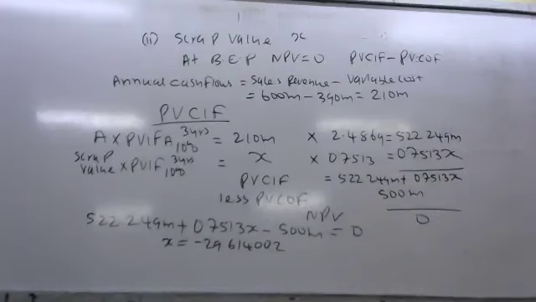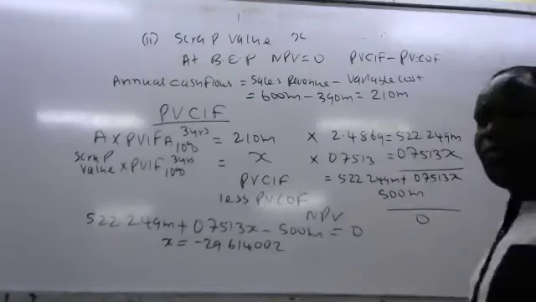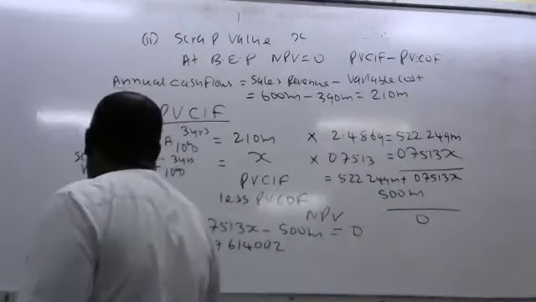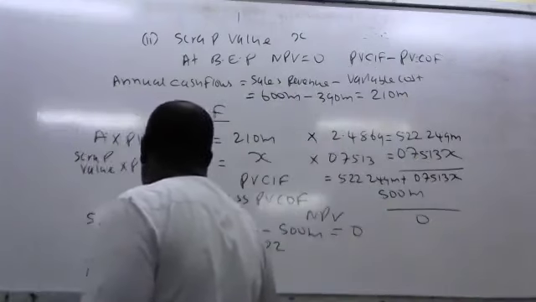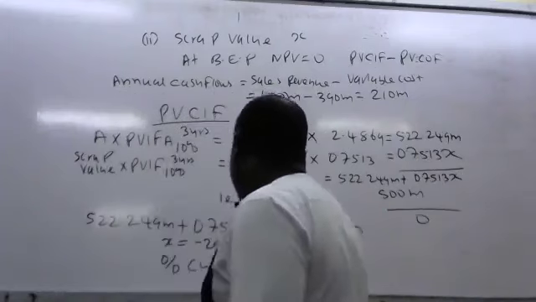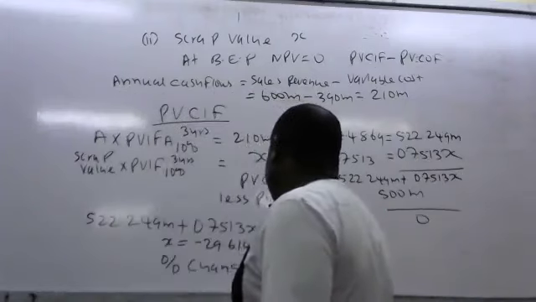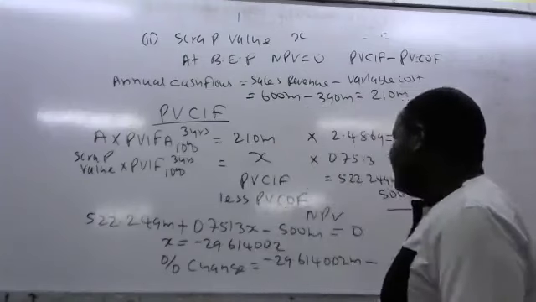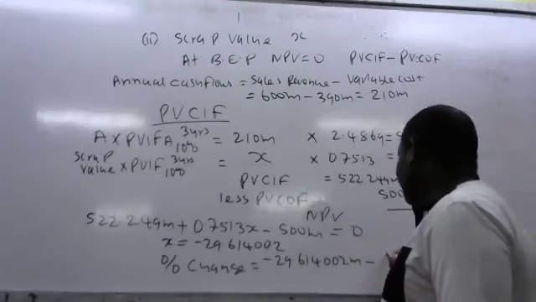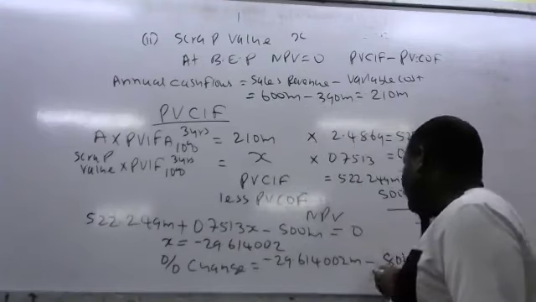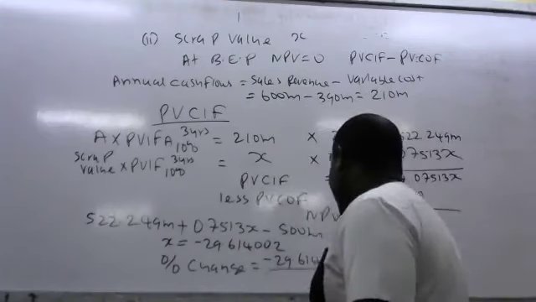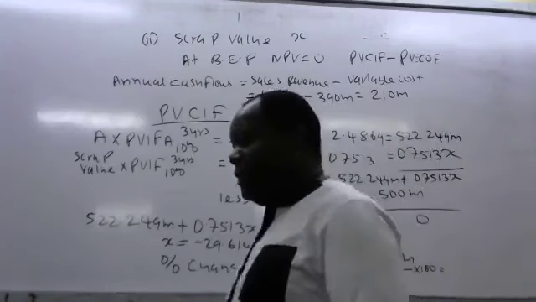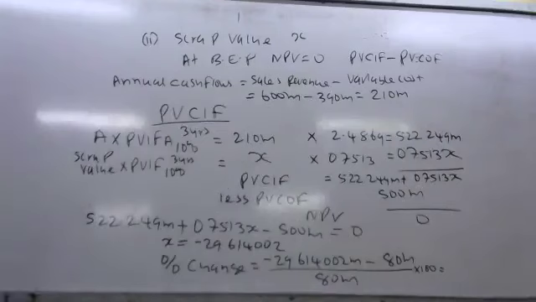So now after that, you get the percentage change. We now come up with the percentage change, where you get negative 29.61402. Subtract 80 millions, also divide by 80 millions. Let me show it as a percentage.